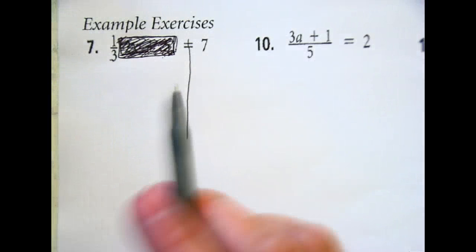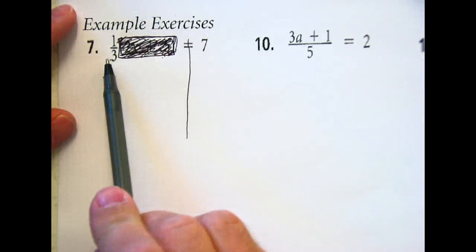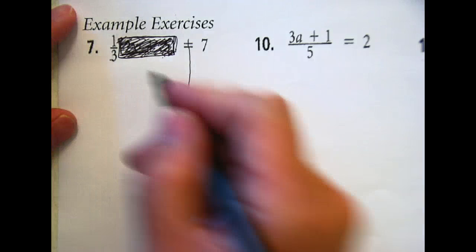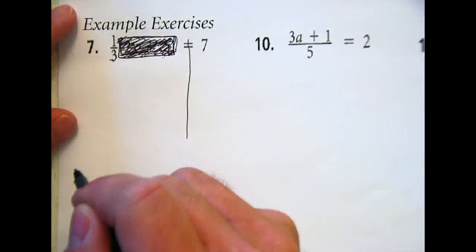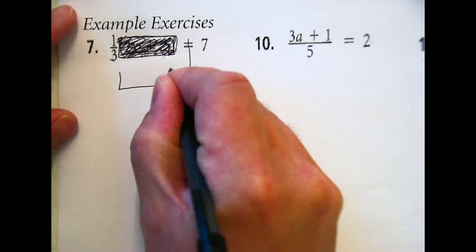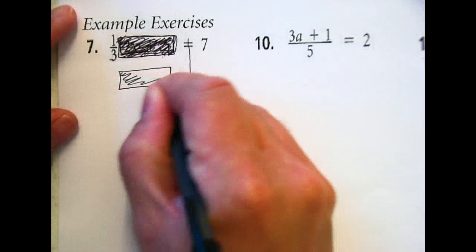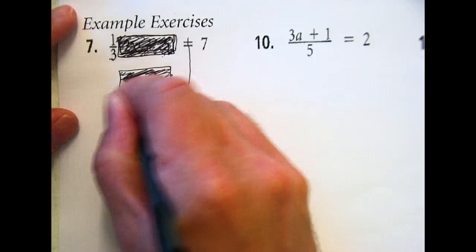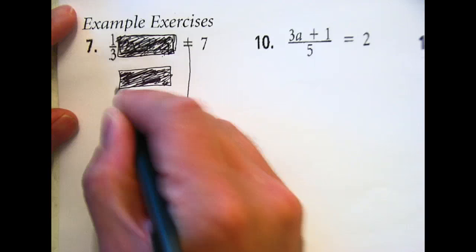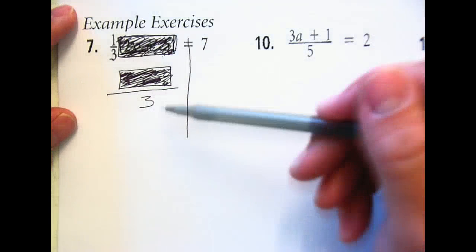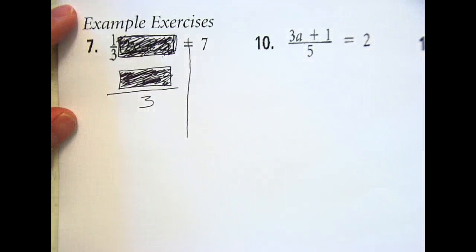Now there's 2 ways to write a third. You can say you have a third of this, like we've written it here, or you have this whole thing divided by 3. The present you haven't opened has been divided by 3. Does everyone understand that? You have 1/3 of it.